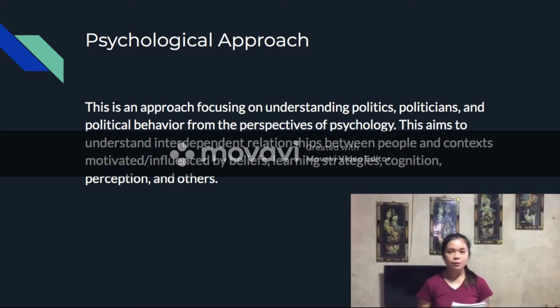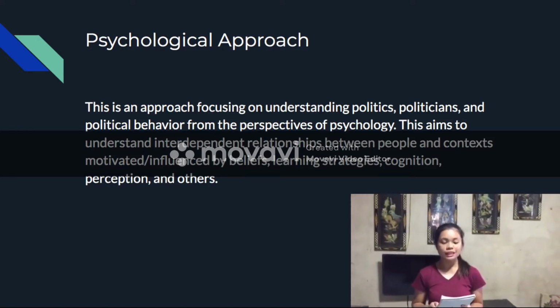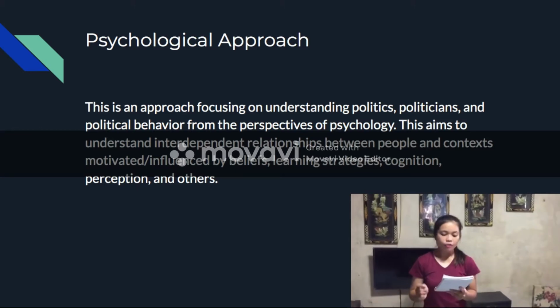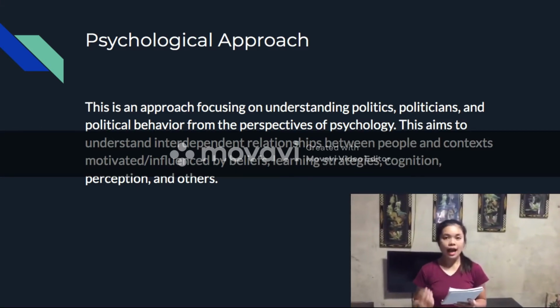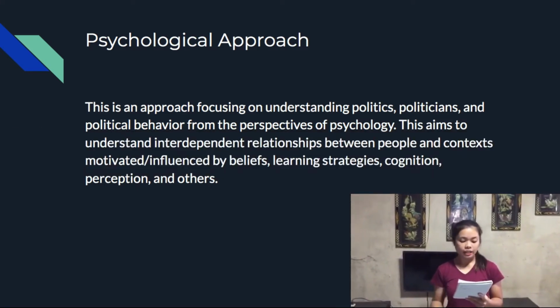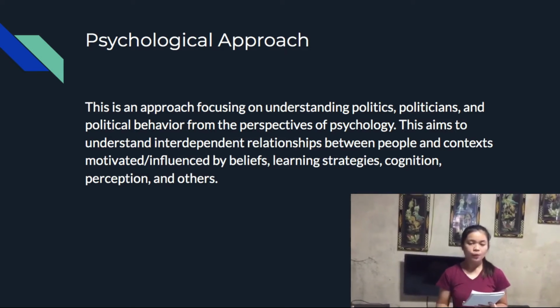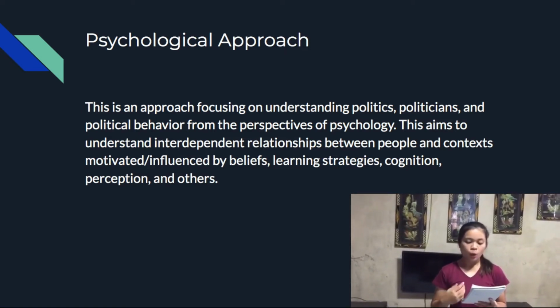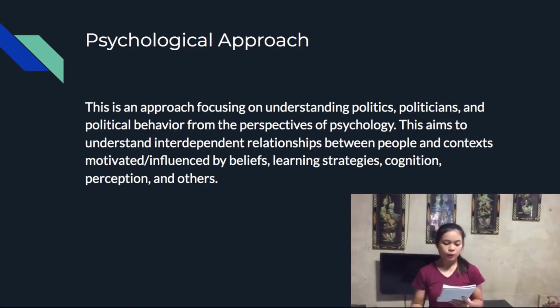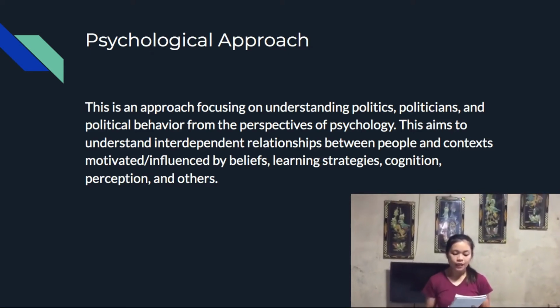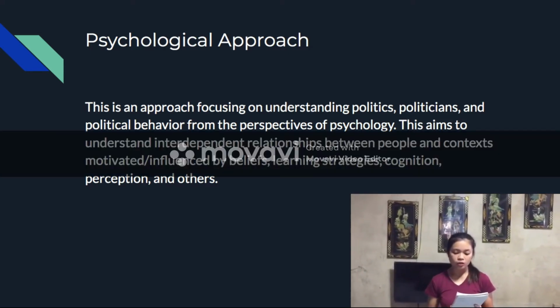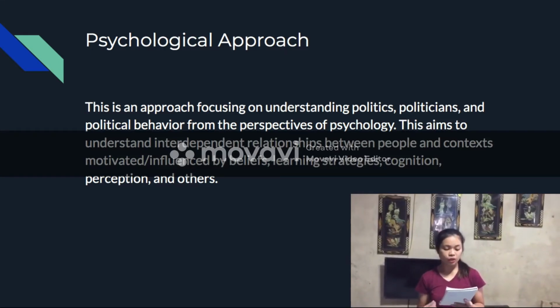The psychological approach attempts to understand such political events by asking fundamental questions about how and why people engage with political processes and structures. Why do people vote the way they do? What is the appeal of the political ideologies to which some devote their lives?